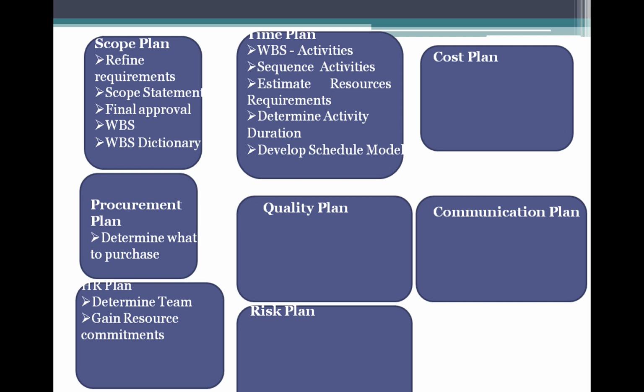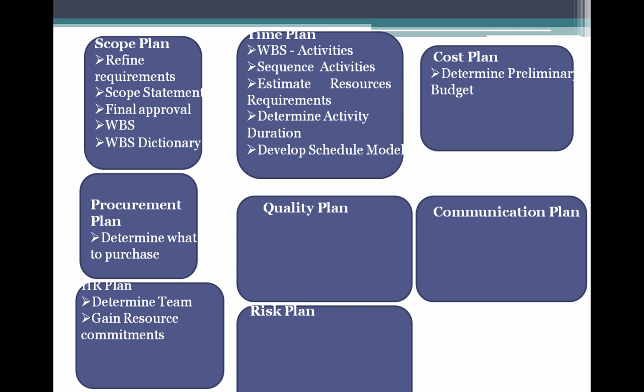Now depending on the resources, the activity durations and the requirements, on how this project is performed, he develops the schedule model and applies the leads and lags, and prepares the schedule model. We will discuss leads and lags while discussing the time management plan knowledge area.